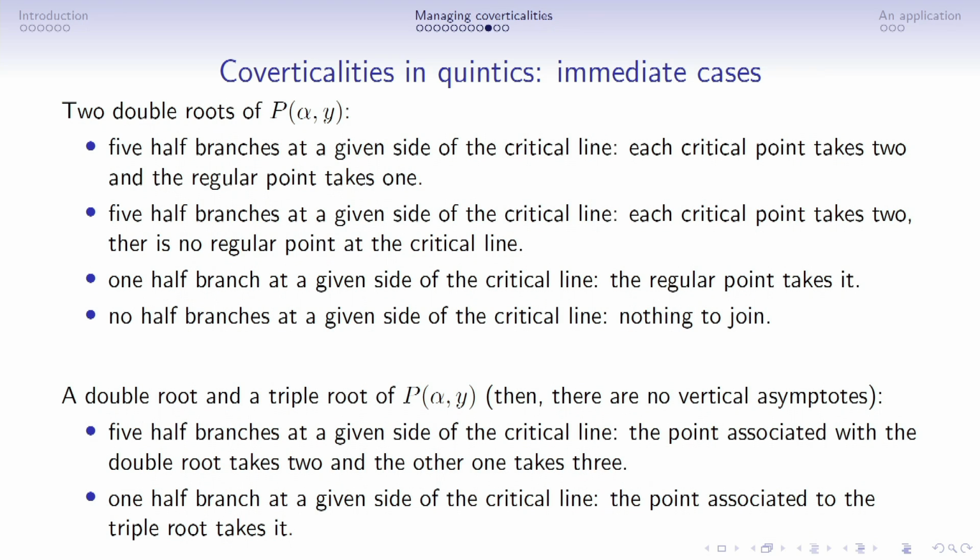So one of the roots would be rational in terms of the x coordinate. So you can proceed in mostly the same way, but just knowing that there is another branch which would go either to the triple point or to the regular point that you would add to the two double points. But mostly it is the same reasoning.